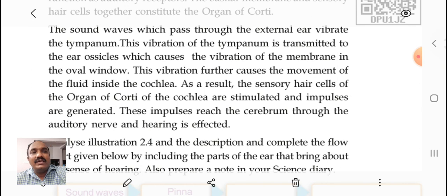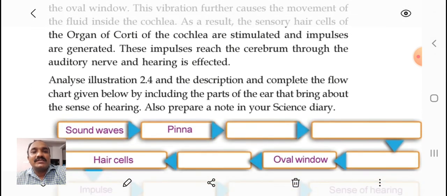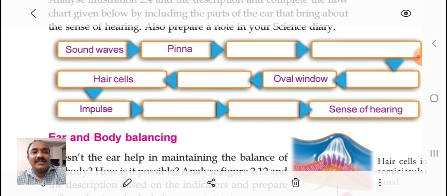That you can fill in this flow chart. Look, it is given there. Sound waves, pinna, auditory canal, tympanum, ear ossicles, oval window, cochlea, hair cells, impulses, auditory nerve, cerebrum, sense of hearing. You can fill now? Yes. Do it properly, right?